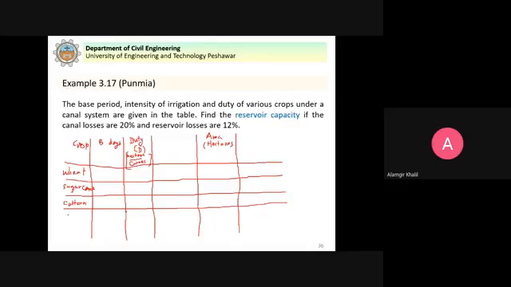Then we have rice. And we have vegetable.